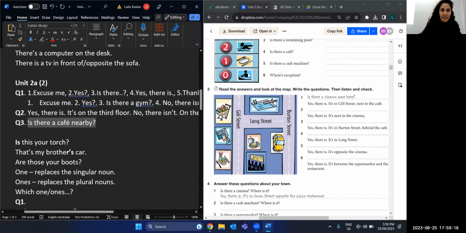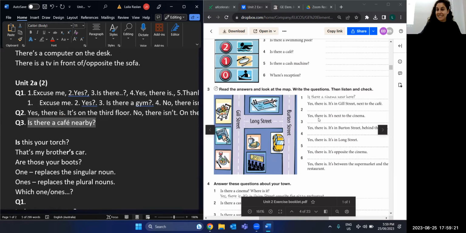Is there a cafe nearby? Because the answer is yes, there is. It's next to the cinema. You could say cafe, restaurant, is there a food place, whatever. But it's more common to say, is there a cafe or restaurant?